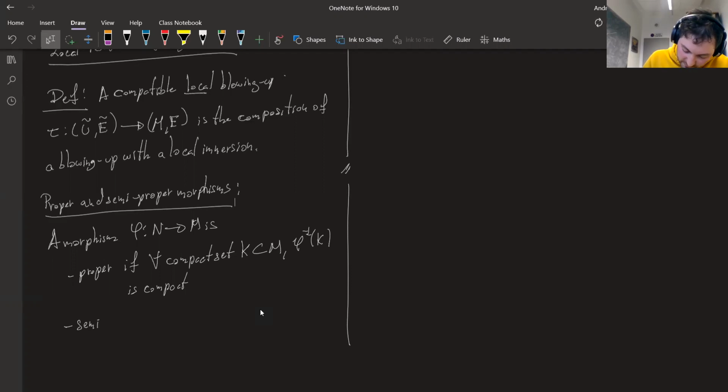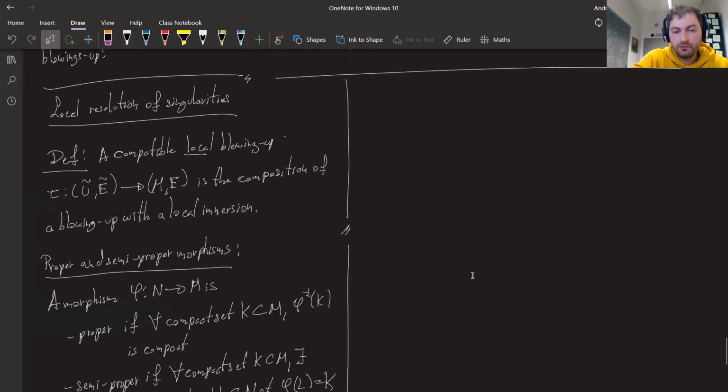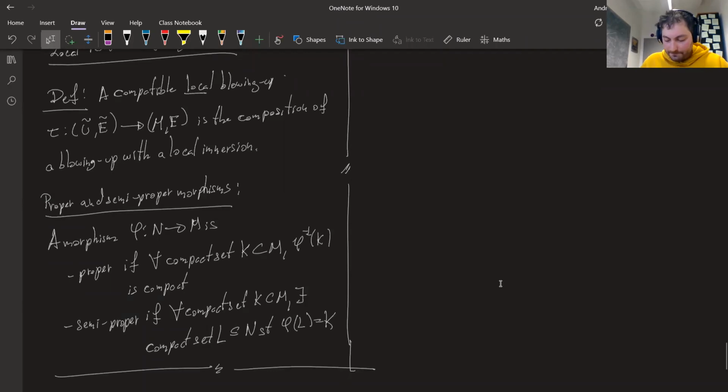And the morphism is semi-proper if for every compact set K in M, there exist compact sets L in N such that phi of L is equal to K. And the idea is really that you are able to cover all of M by compact sets like this.